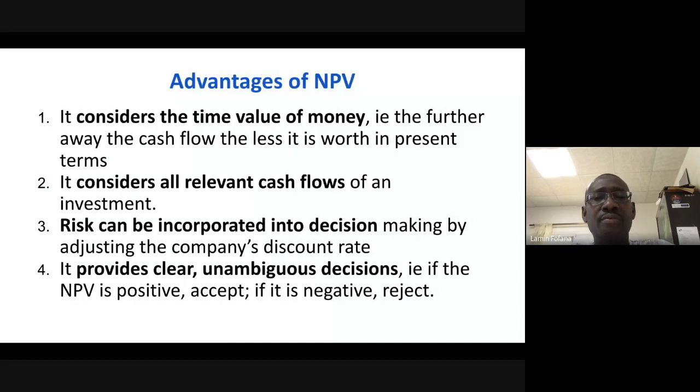We've also mentioned that if the discounted inflows are greater than the discounted outflows, we should accept. If the discounted cash outflows are greater than the inflows, we reject. And if the two are equal, we also reject, because there may be some inherent risks. Now let's look at the advantages and disadvantages of this method.